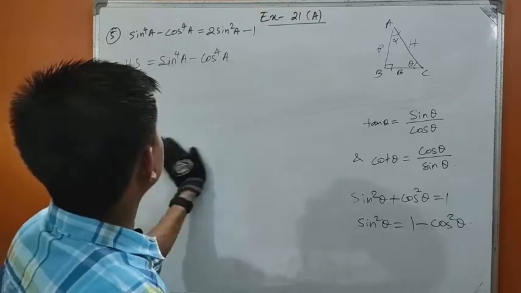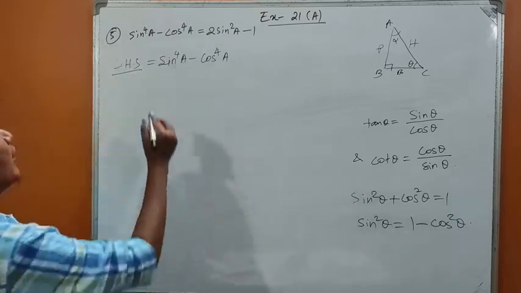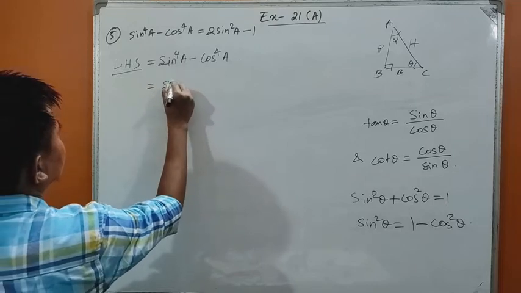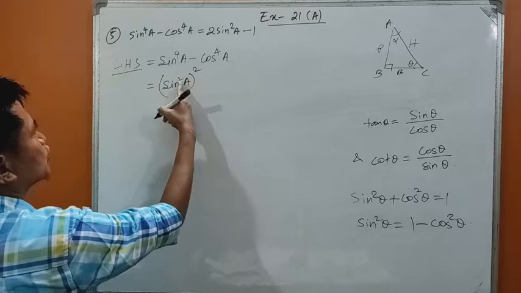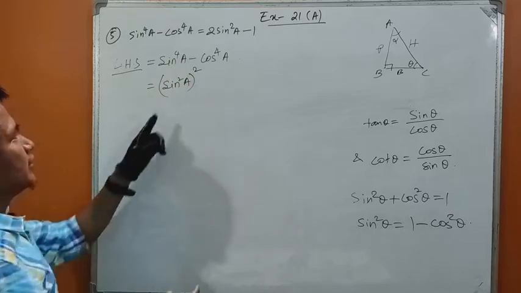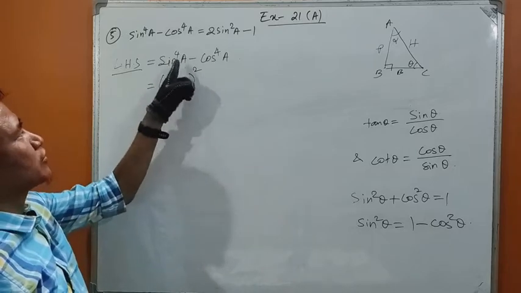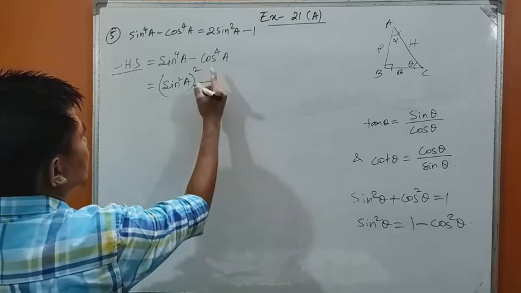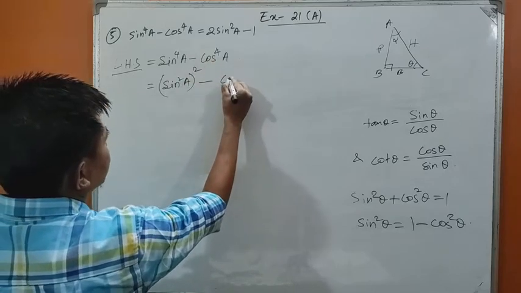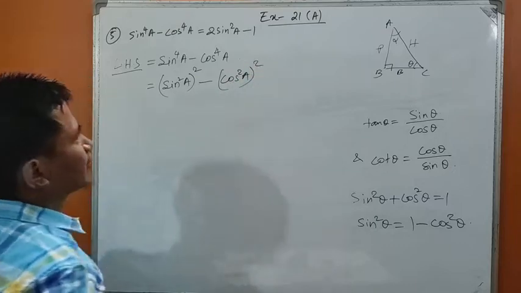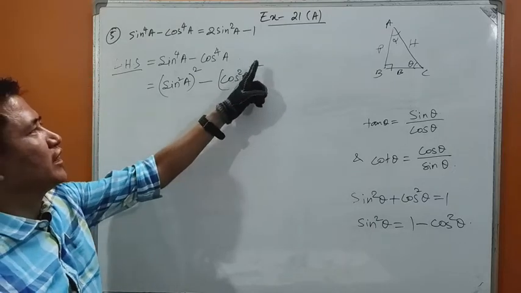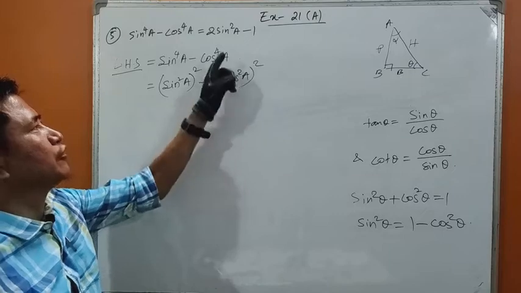So instead of sin to the power 4a, what I write is sin square a whole square. And cos to the power 4a can be written as cos square a whole square.